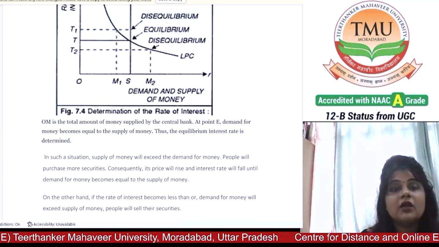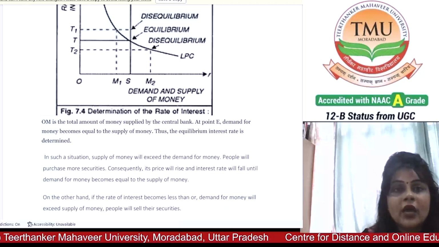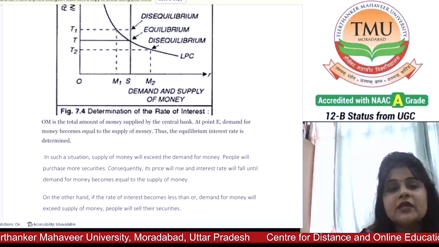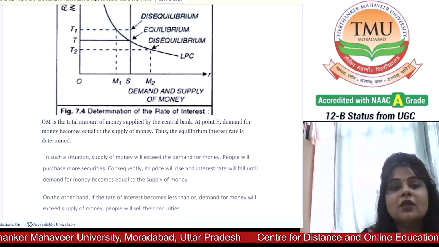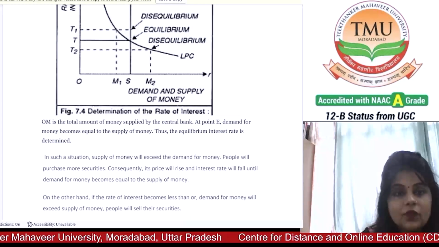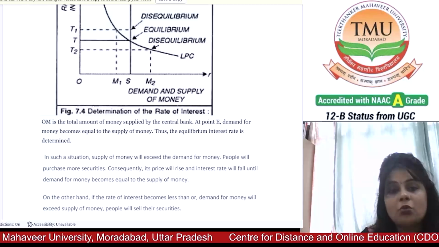In the following figure, the vertical line SS represents the supply of money, and LC is the total demand for money curve.